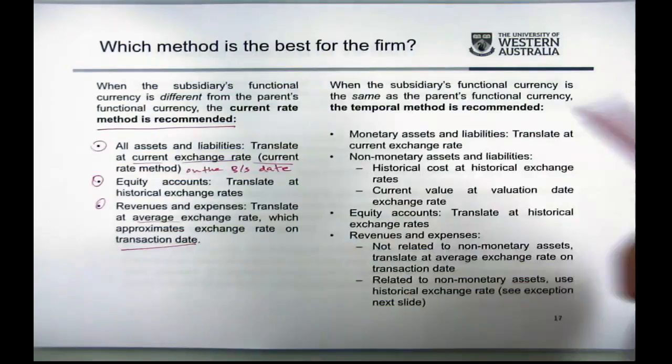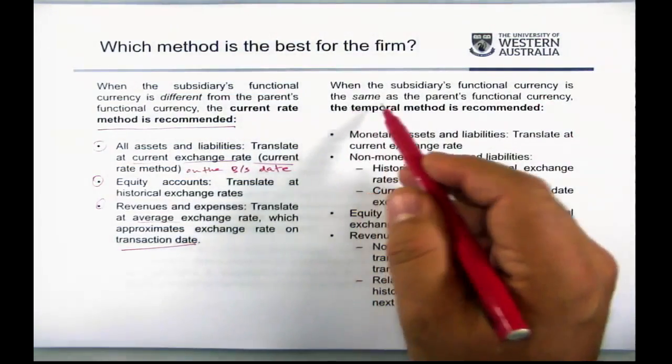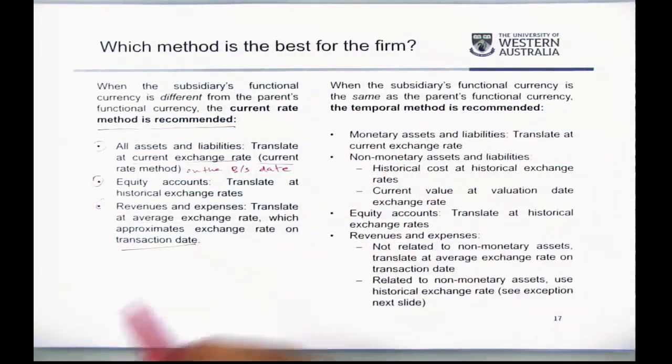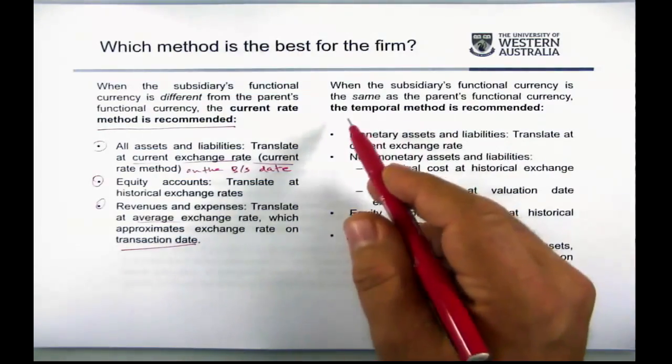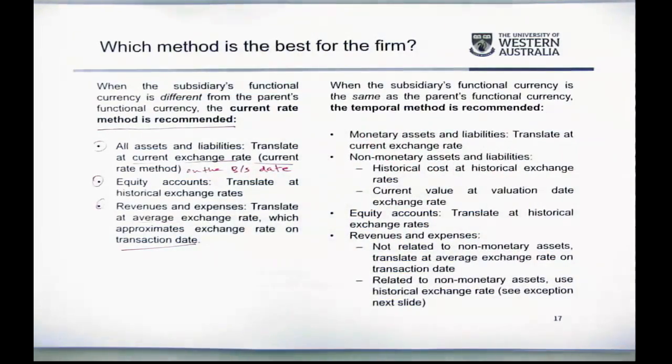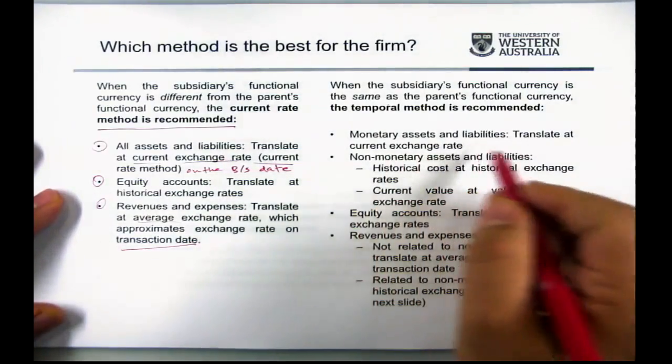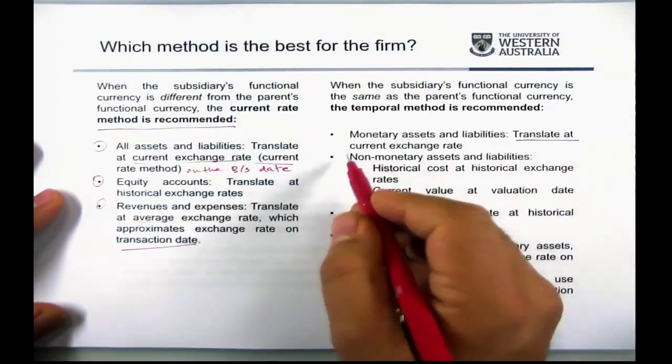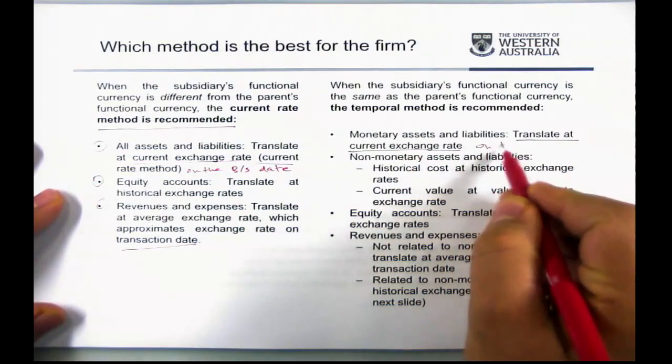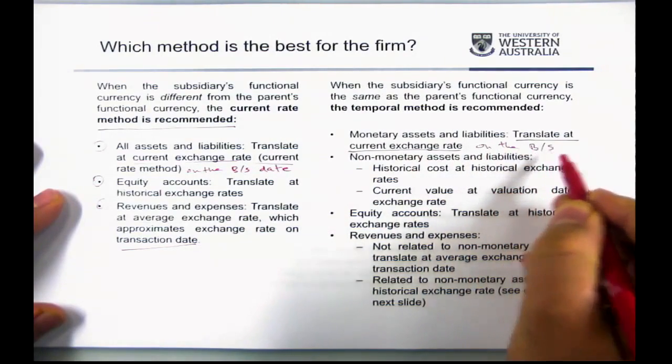And when the subsidiary's functional currency is the same as the parent's functional currency, in this case, the temporal method is recommended. The temporal method, again, monetary assets and liabilities, we translate them at the current exchange rate on the balance sheet date.